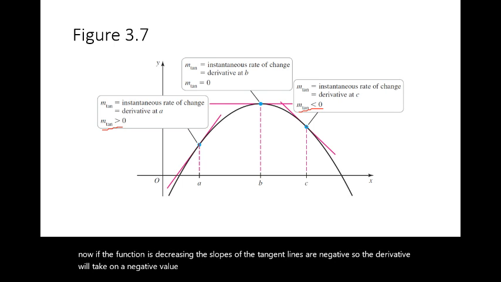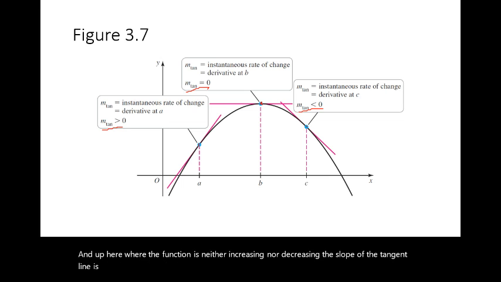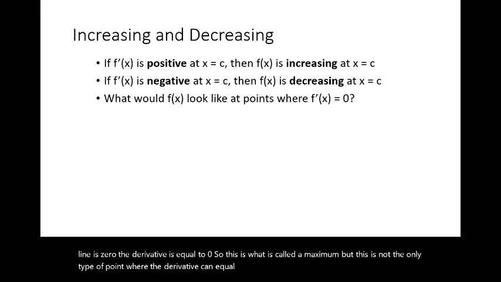And up here, where the function is neither increasing nor decreasing, the slope of the tangent line is 0, and the derivative is equal to 0. This is what is called a maximum, but this is not the only type of point where the derivative can equal 0.